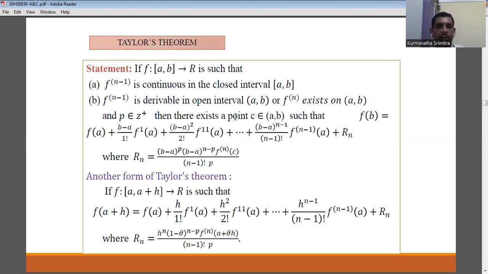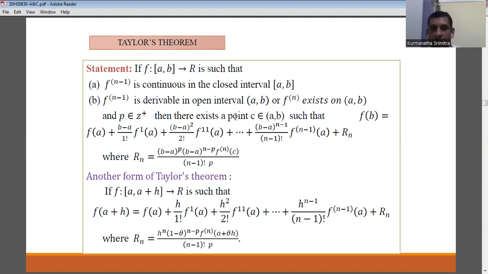If a function f from closed [a, b] to R is such that the (n minus 1)th derivative is continuous on the closed interval [a, b] and the nth derivative exists on the open interval (a, b), then there is a point c belonging to (a, b) and a positive integer p such that f of b equals f of a plus (b minus a) by 1 factorial f dash of a plus (b minus a) whole square by 2 factorial f double dash of a and so on, plus (b minus a) power n minus 1 by (n minus 1) factorial times the (n minus 1)th derivative of a, plus Rn. This series is called Taylor's series.